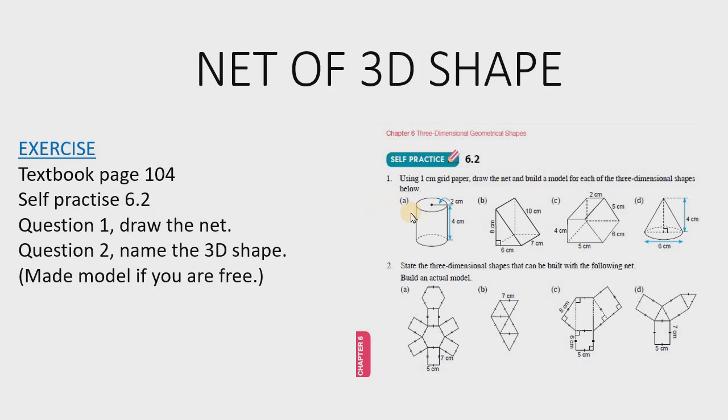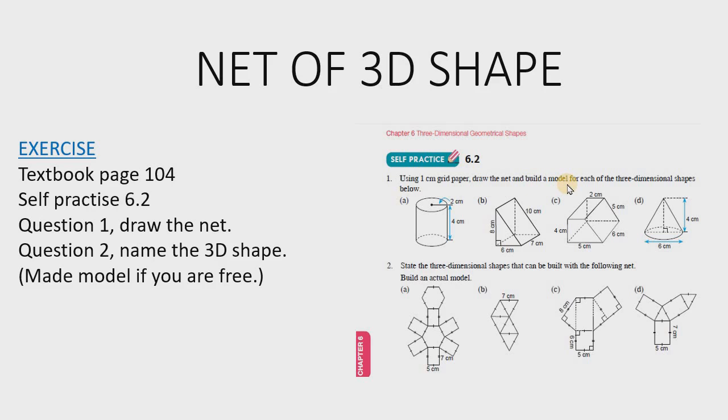For question number 1, the question asks you to draw the net and build a model. For building the model, because now you are at home, if you are free, you try to build. If you are not able to build the model maybe because of lack of material, it is okay, but the point is I want you to draw the net.